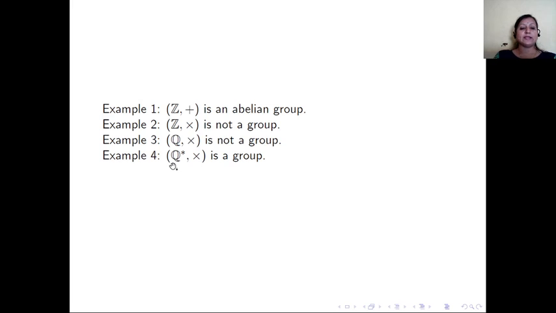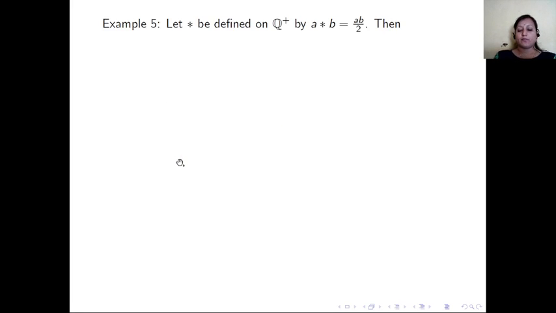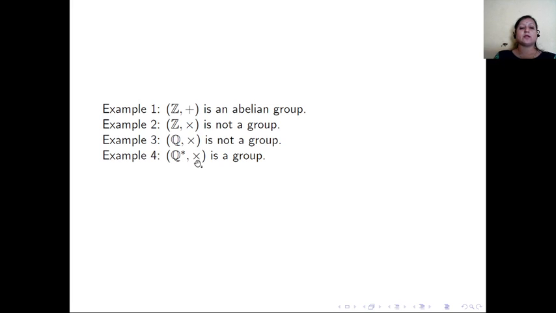We are deleting 0 from the set Q. Then this Q star forms a group under multiplication, because now all the axioms get satisfied. Not only that, it is an abelian group because it satisfies the commutativity property also.